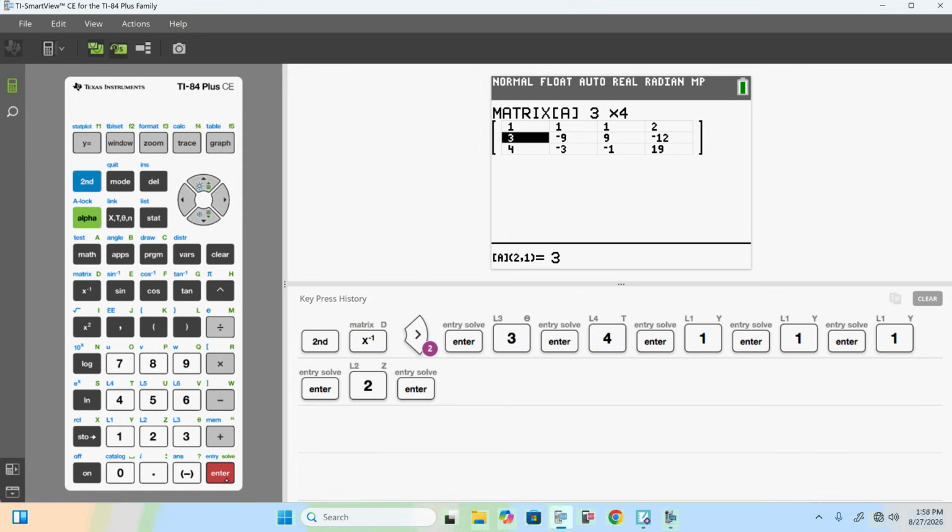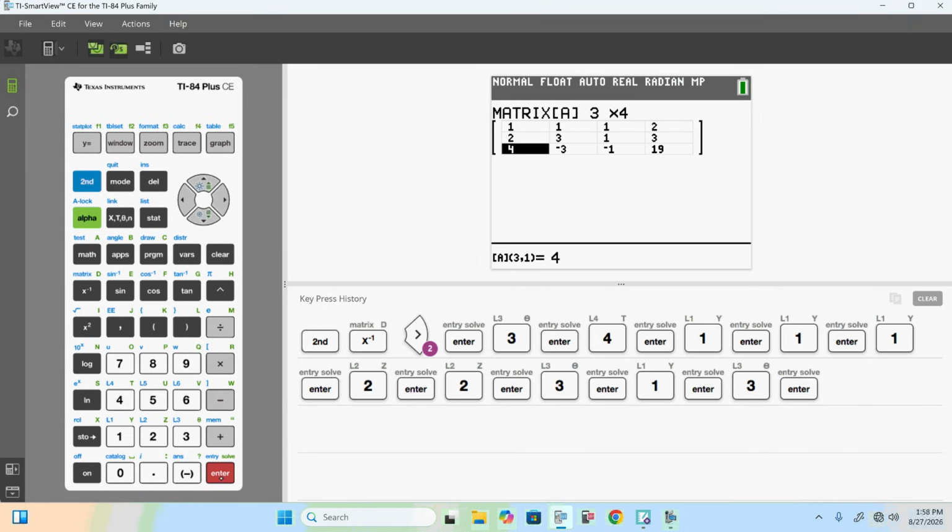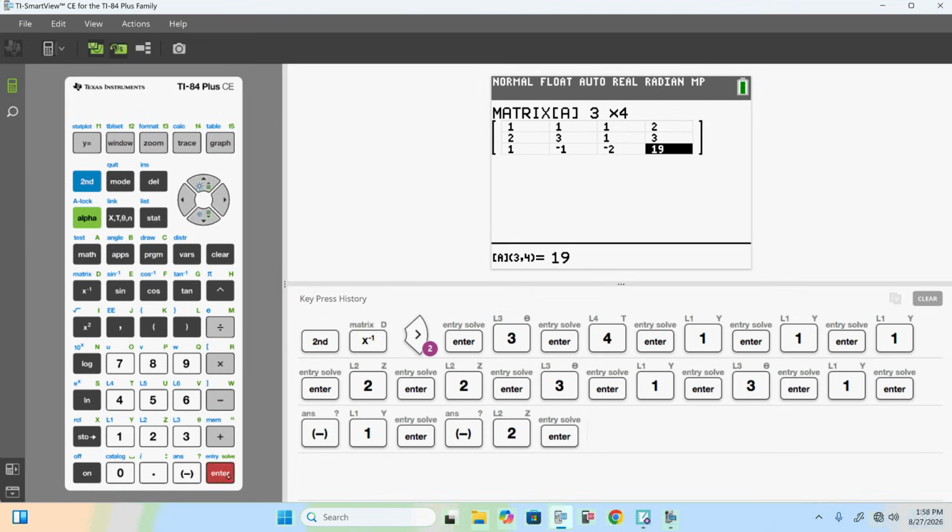If you notice, I'm not having to delete the previous number. I'm just typing the new ones in and it will replace it. Then we're going to type the rest of it: 2, 3, 1, 3. 1, -1, -2, -6. So we want to type that whole augmented matrix in.